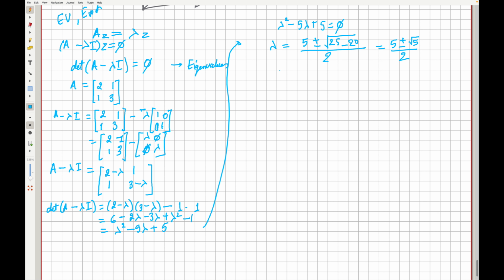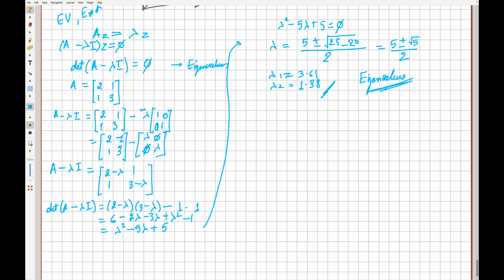I've calculated this already, and we get two values for lambda. Lambda 1 is approximately equal to 3.61, and lambda 2 is approximately equal to 1.38. These are the eigenvalues that we have calculated.